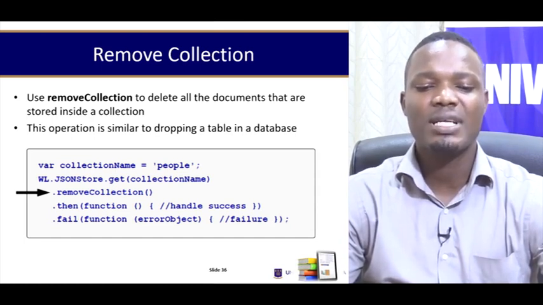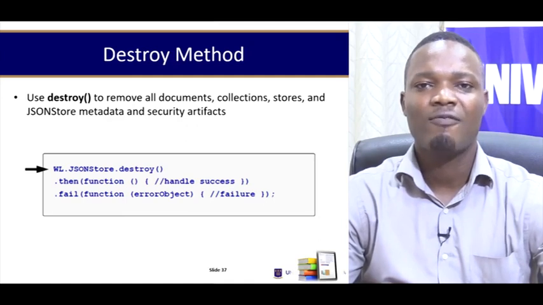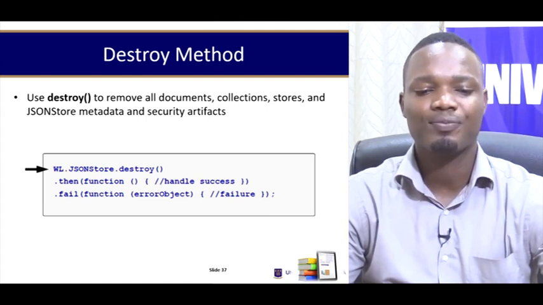This operation is similar to dropping a table in the database. Finally, you can destroy a JSON store. Now, this would remove all documents, collections, stores, and JSON store metadata and security artifacts. So in essence, you are wiping out all memory of your JSON store.